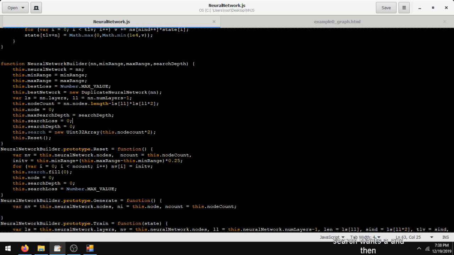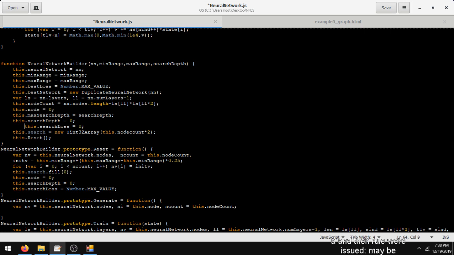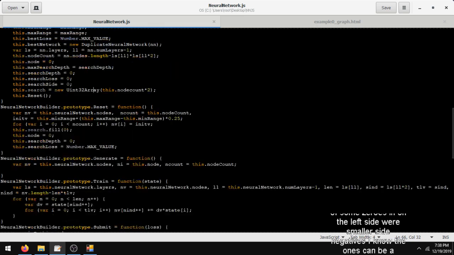And then I don't know what I should call it, maybe search side. So 0 is going to be the left side, or smaller side, negative side, I don't know. And 1's going to be the positive right side.